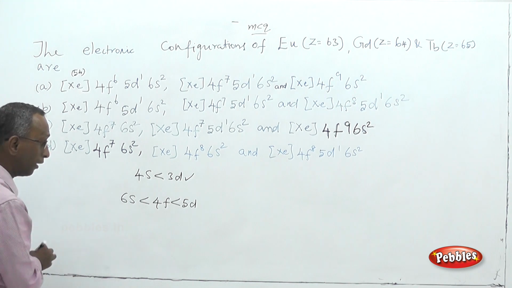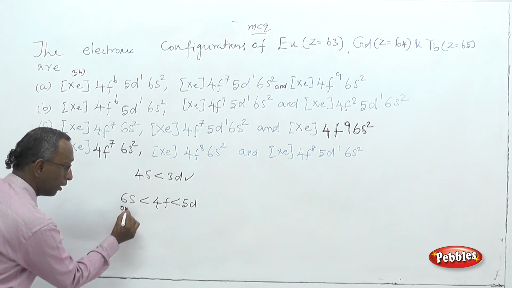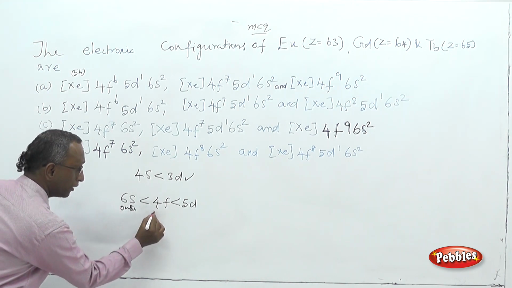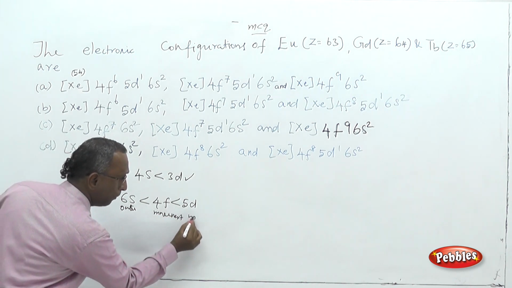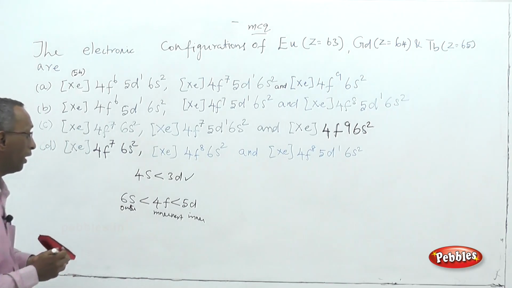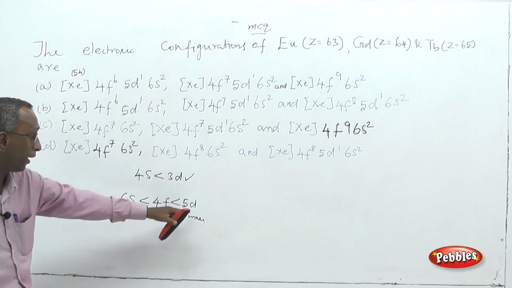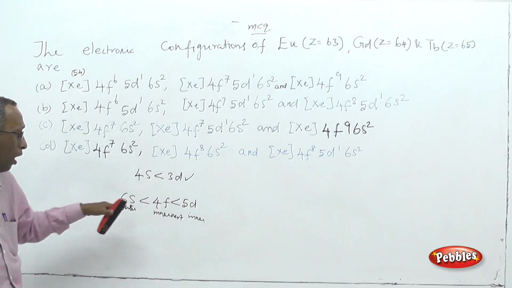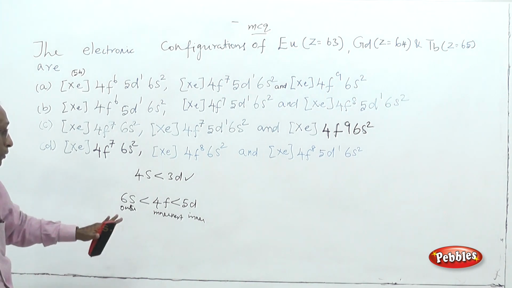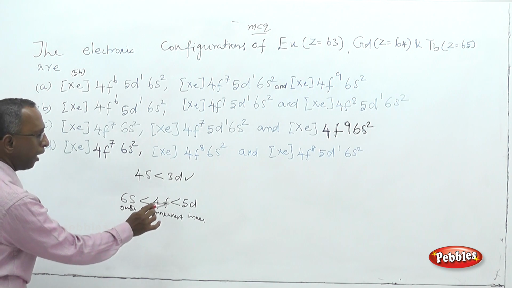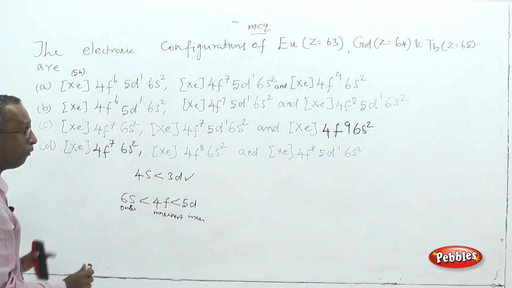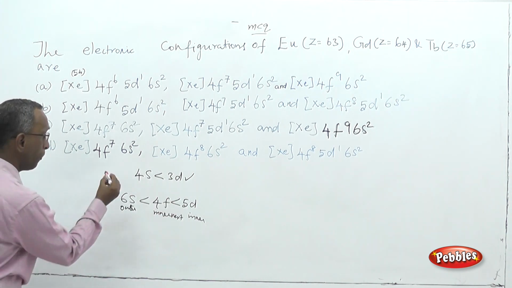Similarly, 6s is the outermost orbital, 4f is the innermost orbital, and 5d is the middle one. Here the inner orbital energy is maximum, 5d is maximum, and the outer orbital energy is minimum. That is to be noted. The 6s energy level is less than that of 4f and less than that of 5d. What is the significance of this Aufbau principle?